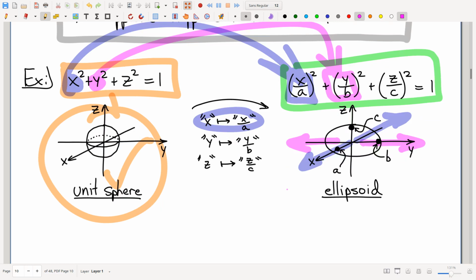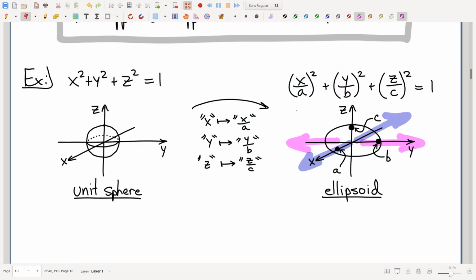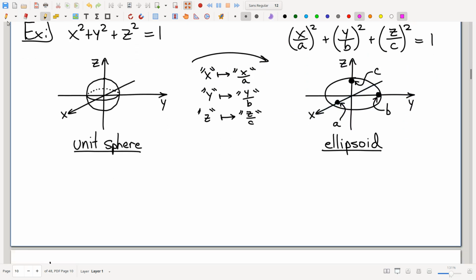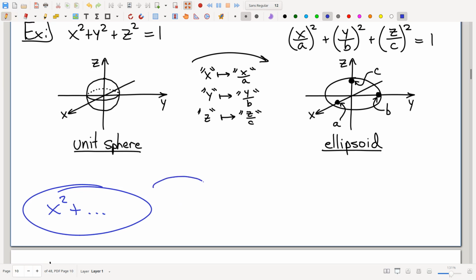I do want to warn you of one little algebraic pitfall here. It's real easy to mess this up. If you have x squared blah blah blah on the left, and the question comes up of what do you have to do to get that to look like, let's say, x squared over 4 plus blah blah blah.